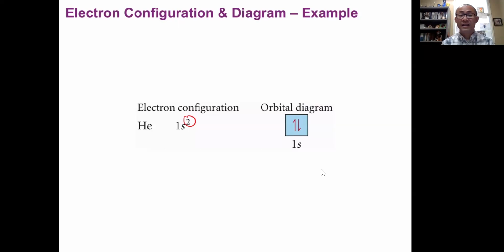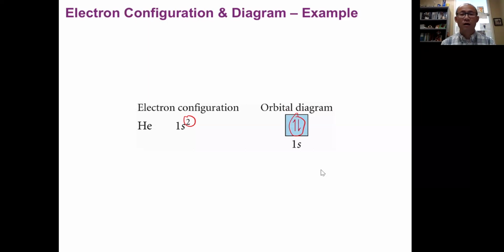Superscript 2 again represents electrons. And the orbital diagram will be two electrons in the square, but now you see that these two electrons are opposite. Usually, arrow-wise, we use a single-head arrow, but a double-head arrow is okay.